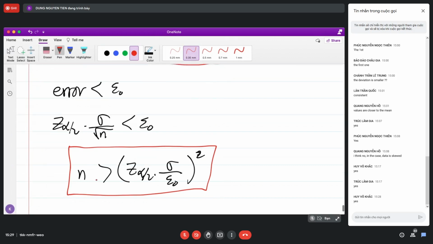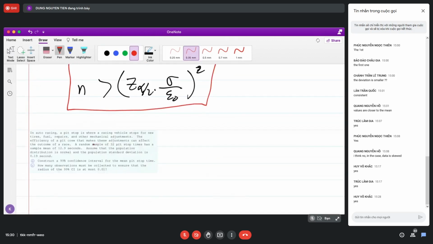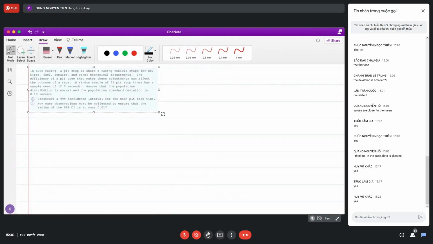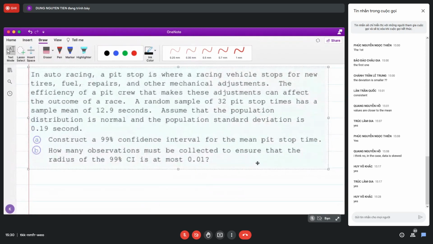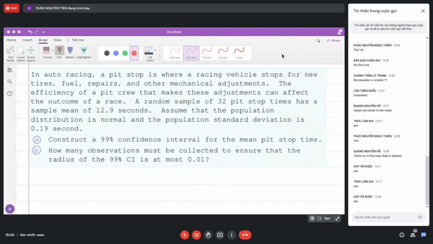Now let's try the following example. In auto racing, a pit stop is where a racing vehicle stops for new tires, fuel, repairs, and other mechanical adjustments.